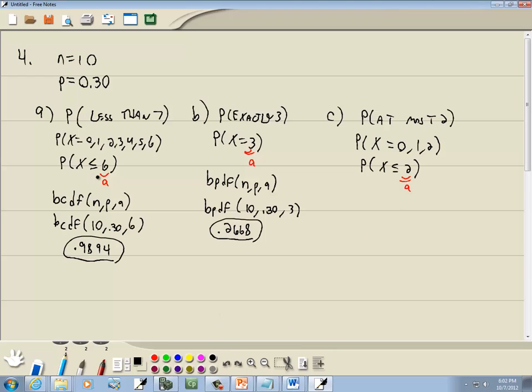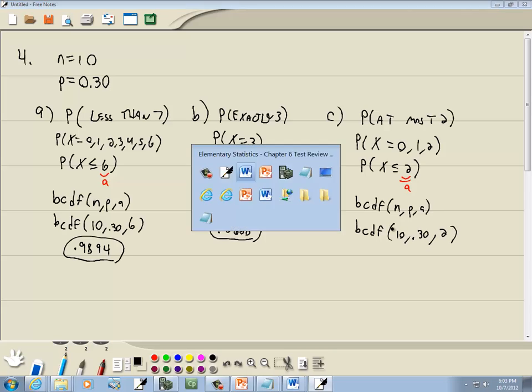That's our A, and this matches the form we just looked at. So this is binom CDF N, P, A. So binom CDF N, which was 10, P, which is 0.30, and A, which is 2.